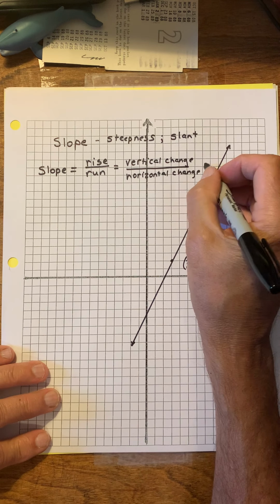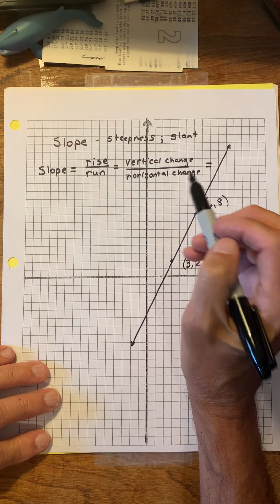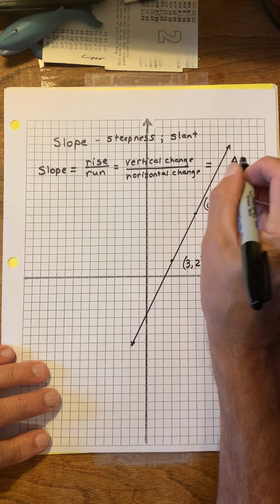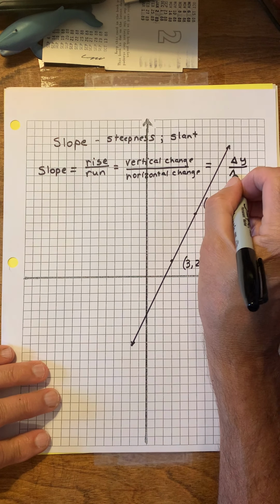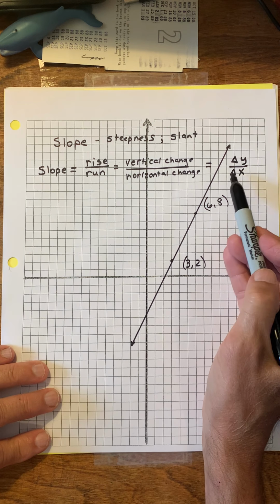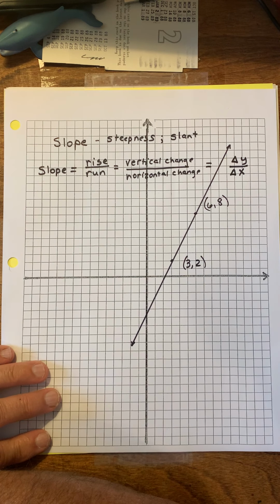Some of you have probably seen this representation of vertical change over horizontal change, delta y over delta x. Delta is the scientific indicator of change, the change in the y's over the change in the x's.